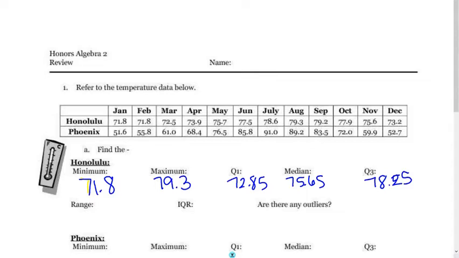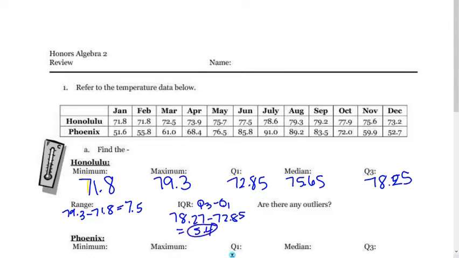Okay. The range is the max minus the min. So if you do the max, that's these two here, 79.3, subtract 71.8. The range is 7.5. IQR is Q3 minus Q1. So 78.25 minus 72.85, which is 5.4. So that's the IQR.